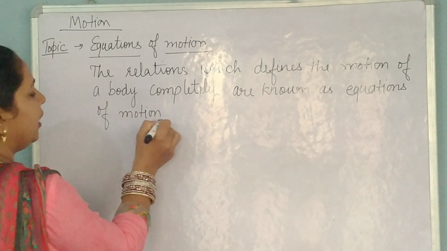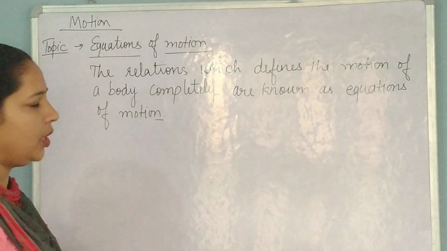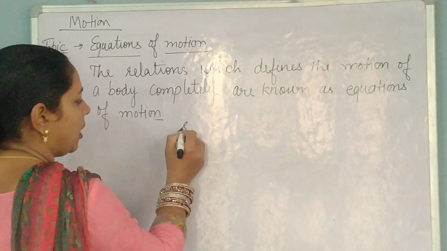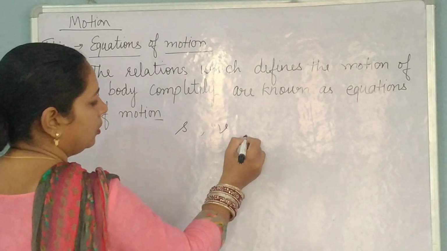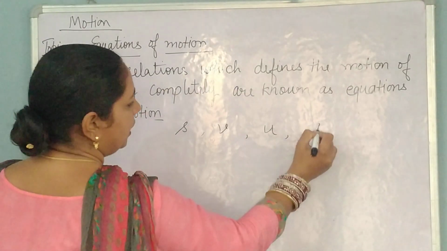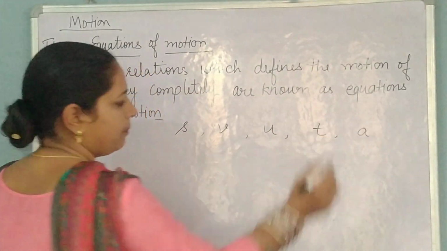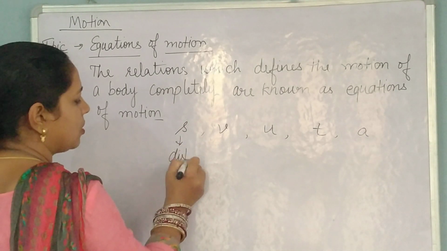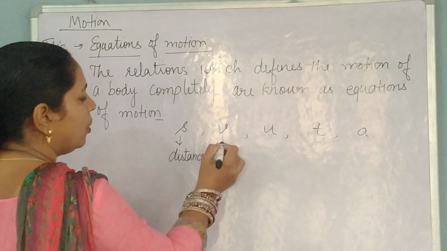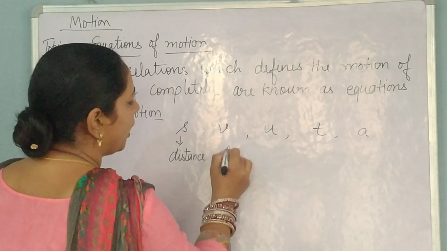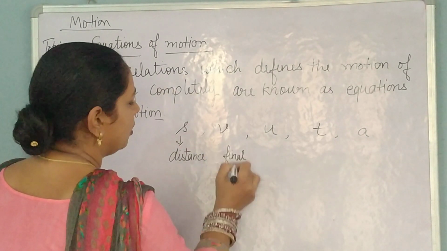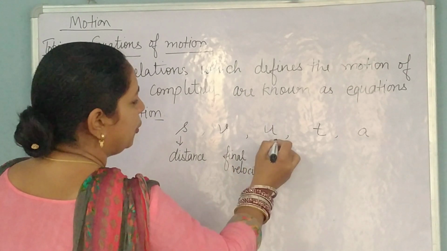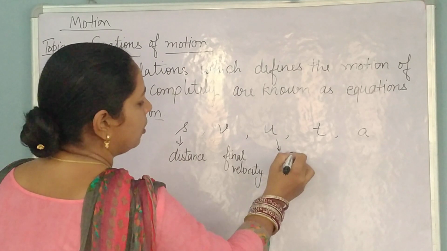And for defining the motion of a body, we need some physical quantities. These are S, V, U, T and A. What are these? S means distance traveled, V means final velocity, U means initial velocity.